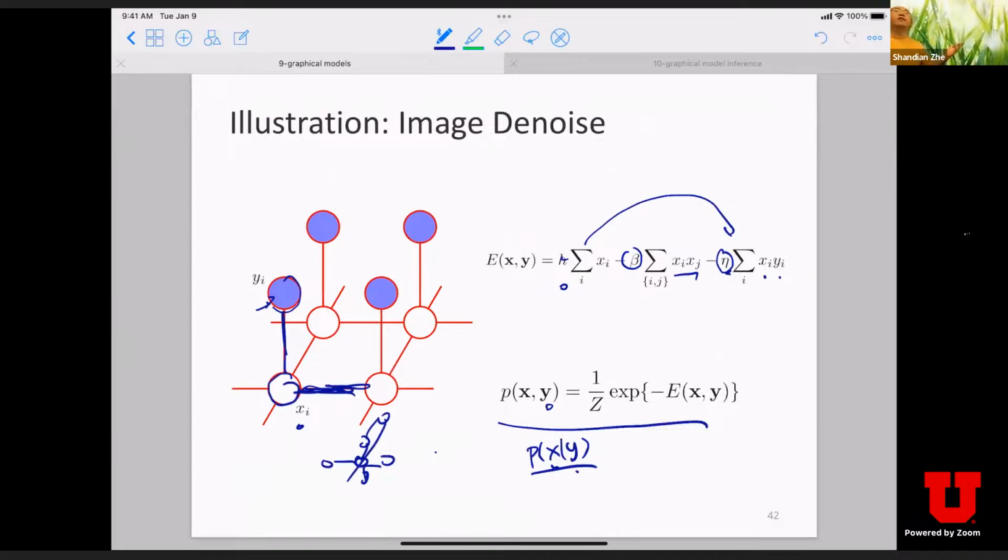Of course, you can define your own potential function to capture more correlations between those pixel values. But the problem is that you have more computational cost. So in practice, you always need to trade off model expressiveness against computational efficiency. Other questions?